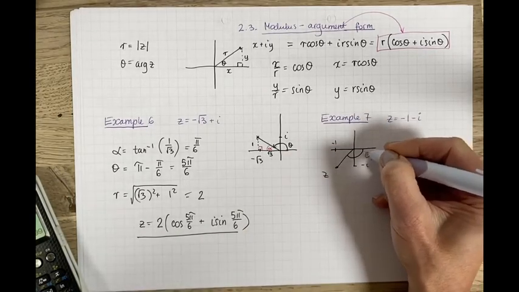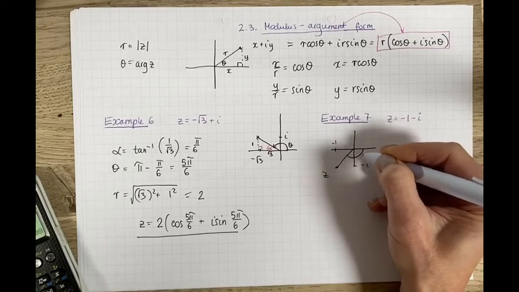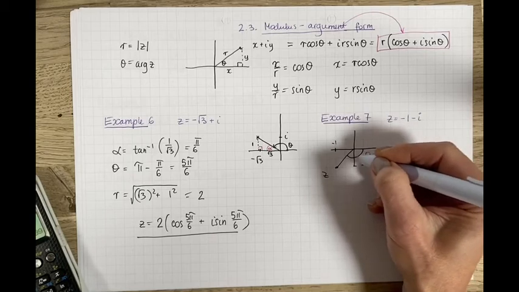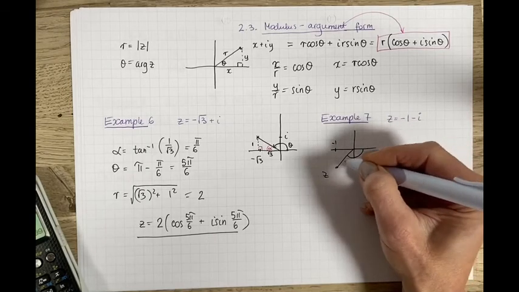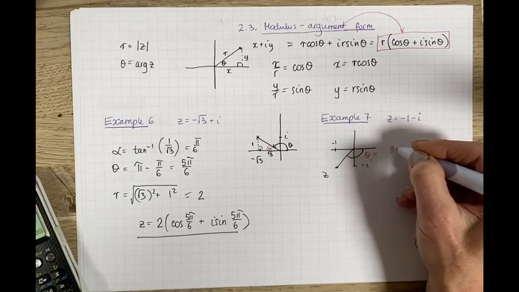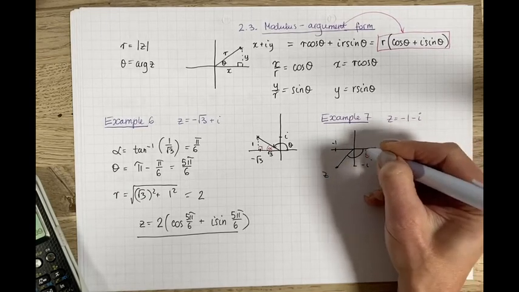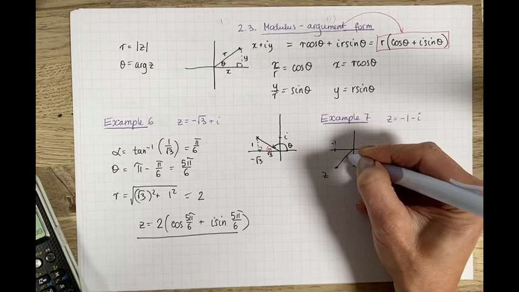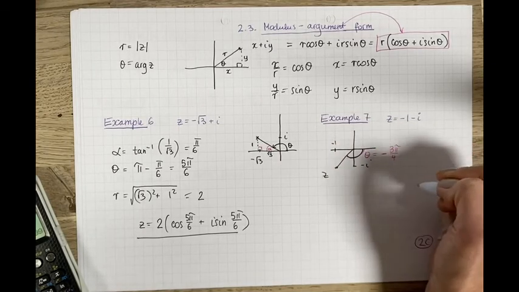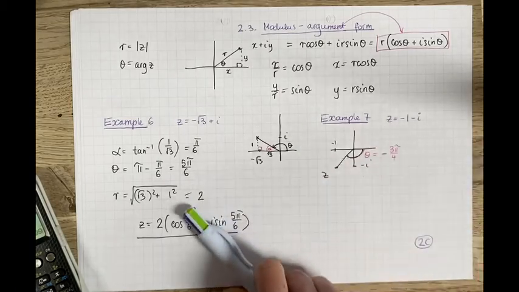So that's going to be theta, I don't even need to do any trick. This is 45 degrees, this is 90, so it's 135 degrees, which is 3 pi over 4. Because we are measuring clockwise, under the positive x-axis, it's given as a minus.